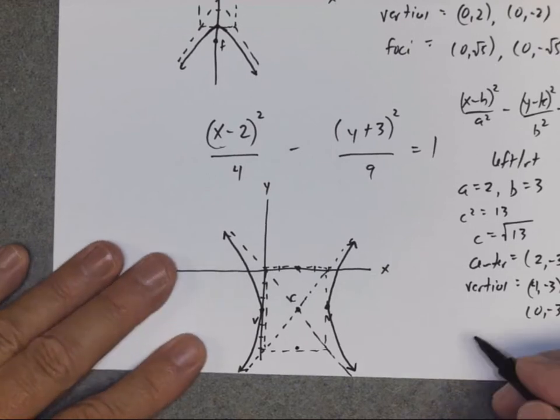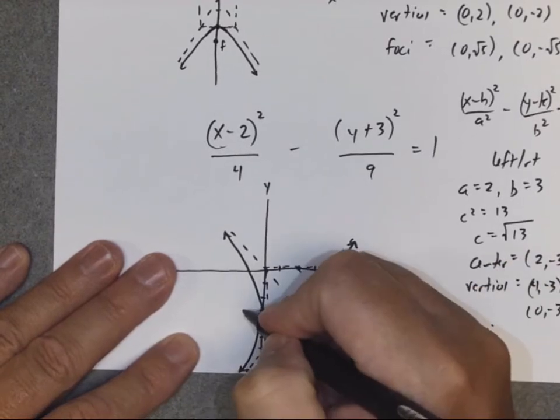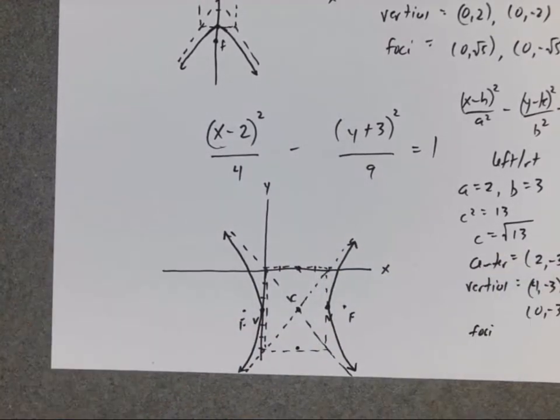Now the foci would probably be here and here. May not be perfectly drawn.